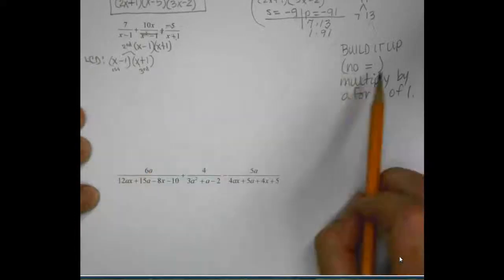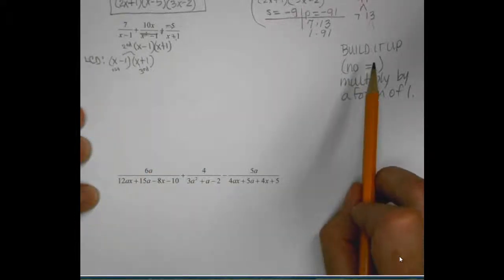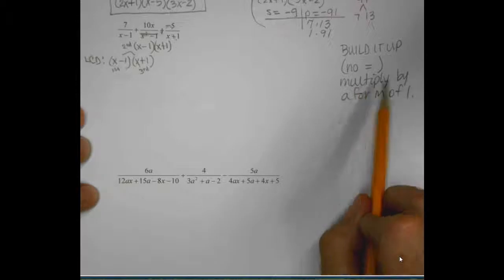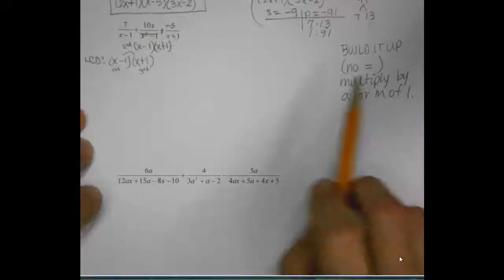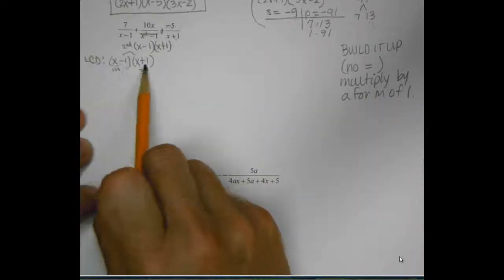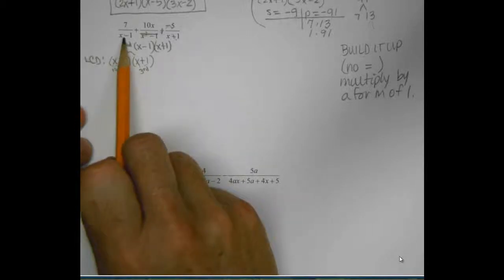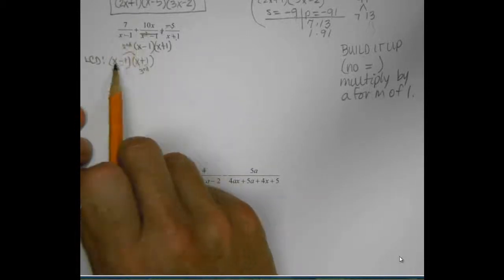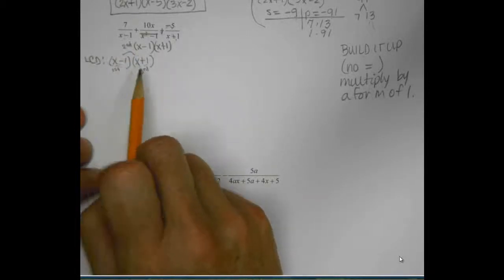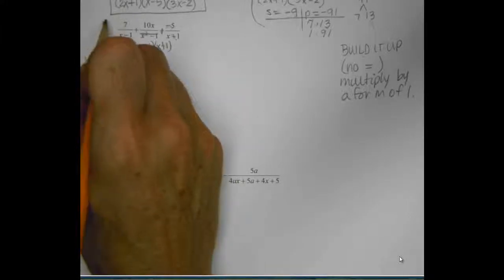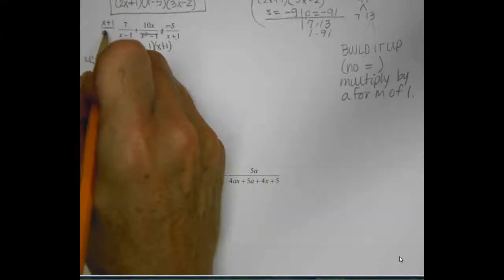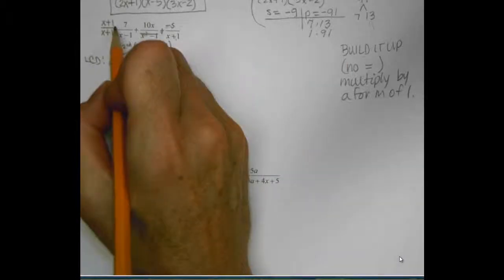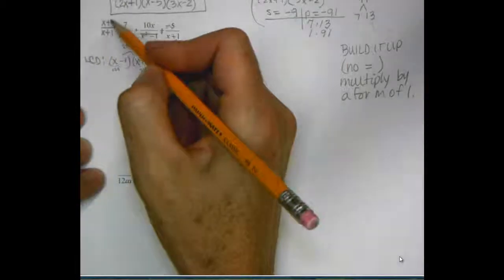Now my strategy, as we wrote over here, I want to build it up, and that means multiply by a form of 1, and I need this as my common denominator. So on my first rational I have x minus 1, and that's this part, but I'm missing the x plus 1, so I'll multiply by x plus 1 over itself, and that's a form of 1, something over itself.